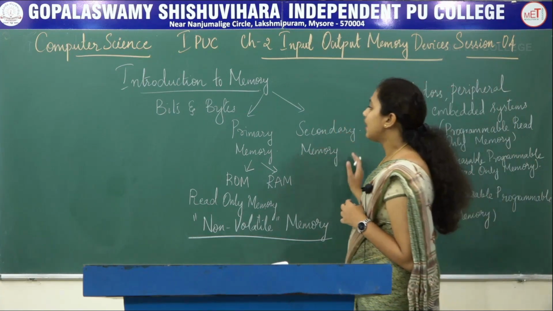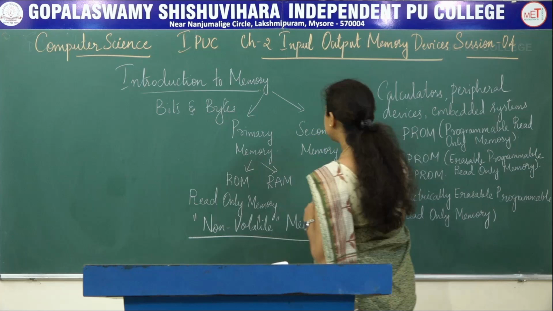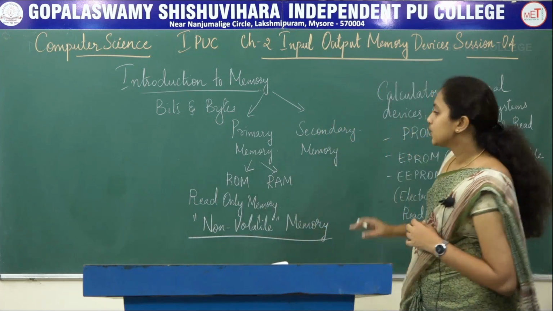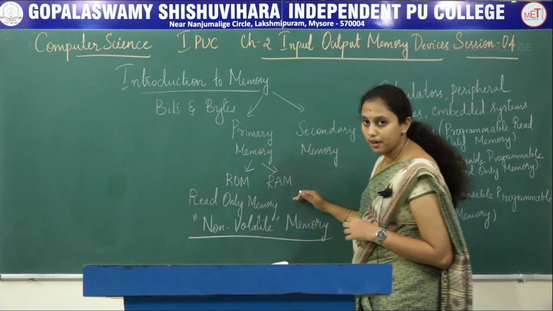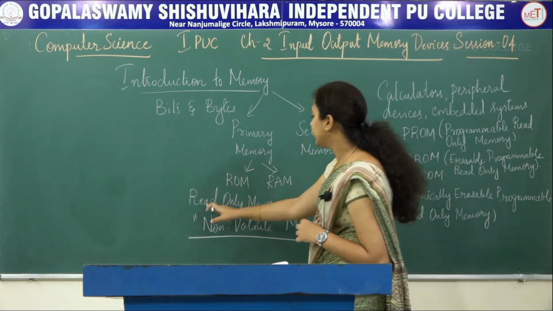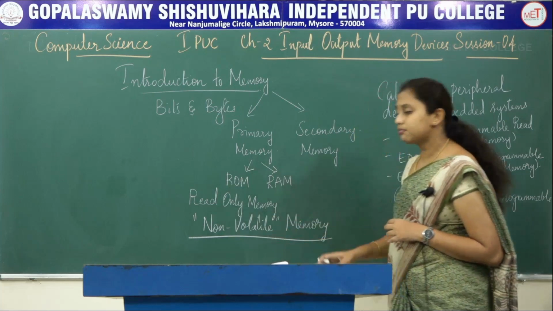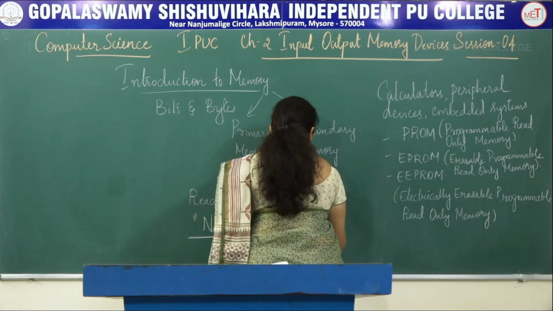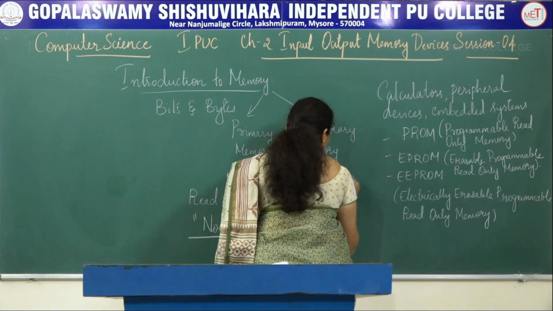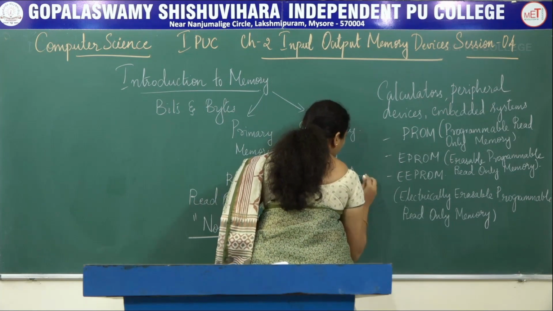Memory is divided into primary memory and secondary memory. Primary memory is further divided into ROM and RAM. ROM stands for read-only memory. RAM stands for random access memory.